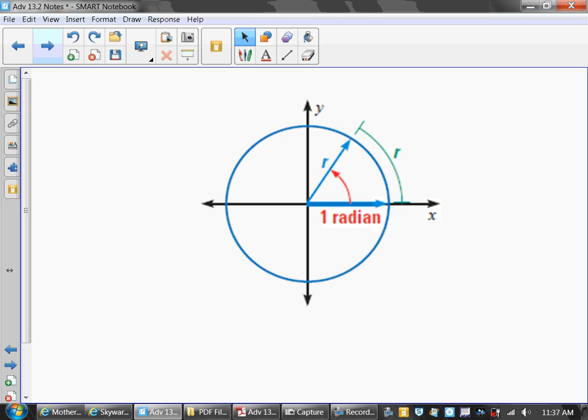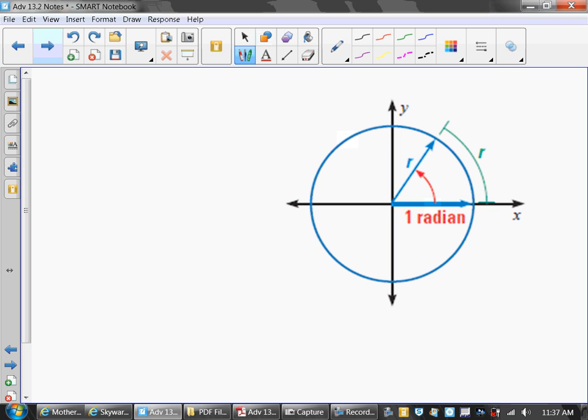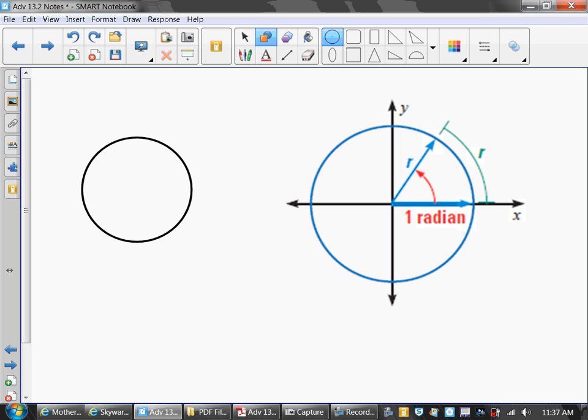So 2 pi r is the circumference of a circle. Remember, the circumference is the distance around a circle. So if I'm looking at the distance around a circle, as I start from here and go all around, that's basically 2 pi.